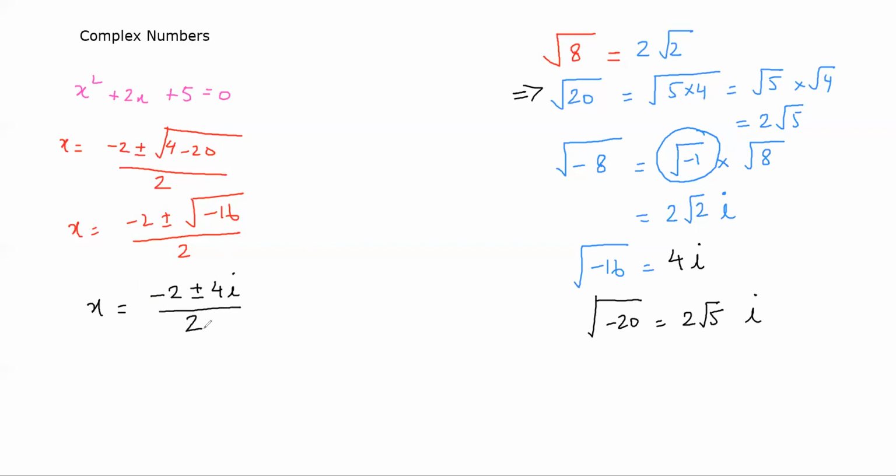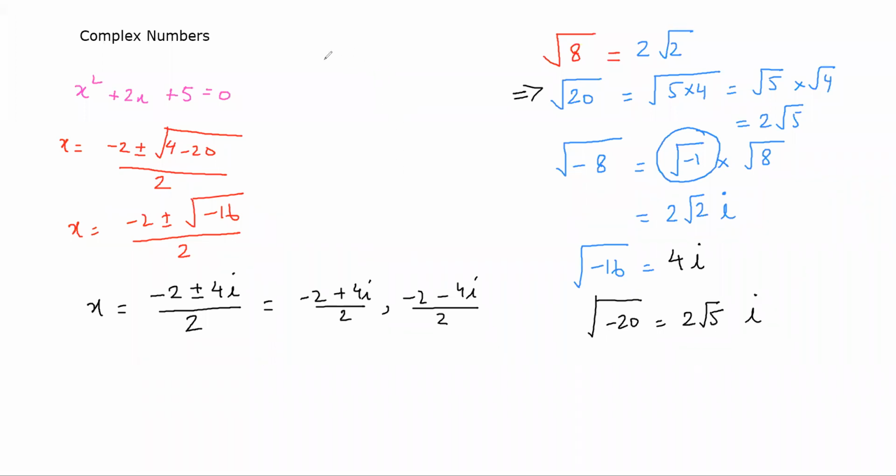Okay. Now these are the complex roots of this equation, and you can write it as minus 2 plus 4 iota over 2, and then minus 2 minus 4 iota over 2. Acha. Now one thing that you have to keep in your mind for the rest of the chapter is that you have to split this number, because this number has two parts.